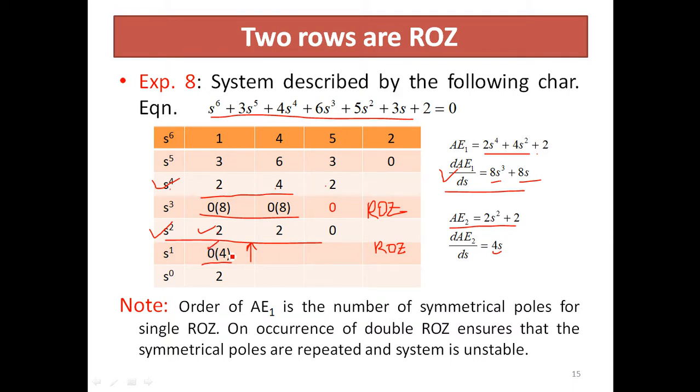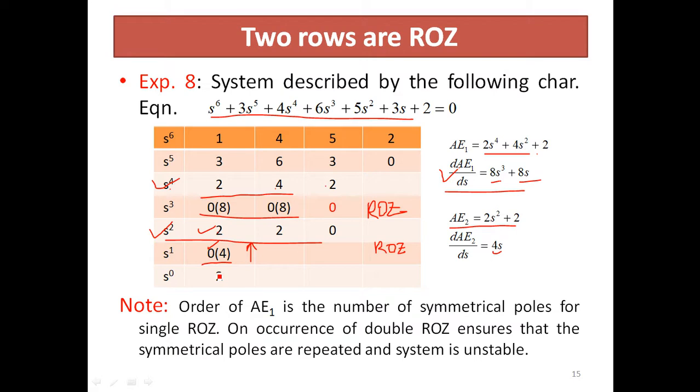So 0 is replaced by 4. In this way, in this example, you are having 2 ROZ and proceeded for the elimination of zeros by considering the auxiliary equations and their derivative coefficients.